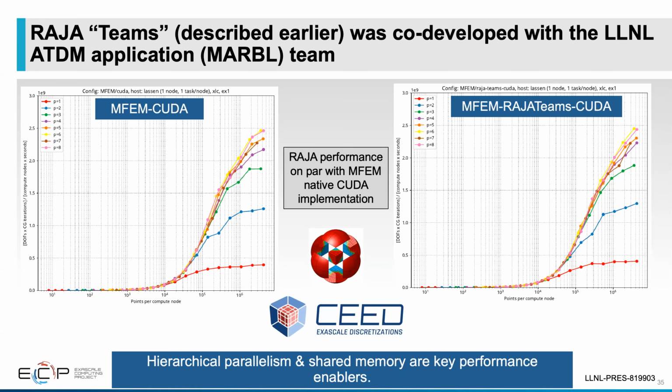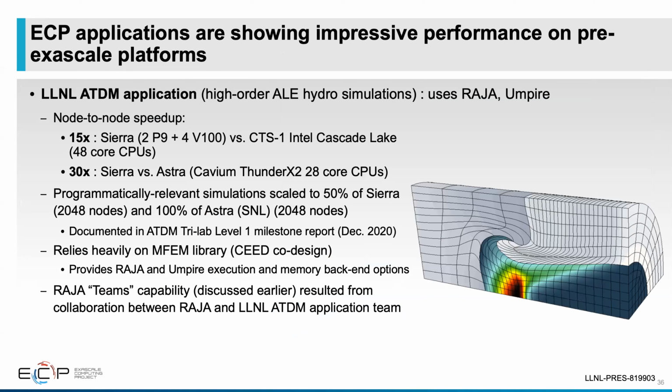I really want to highlight some of the accomplishments that the ECP applications have been showing through their adoption of RAJA, CHAI and Umpire, and some of the speedups that the different teams have been reporting. The Livermore ATDM application, the high order Lagrangian hydrodynamics code, is a code that uses RAJA and Umpire, and they've been reporting some really good speedups on Sierra.